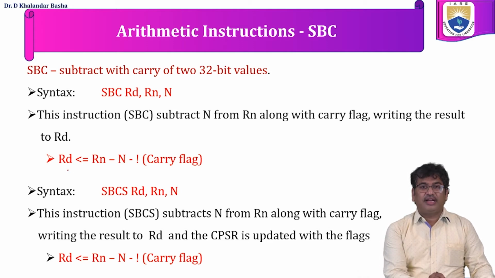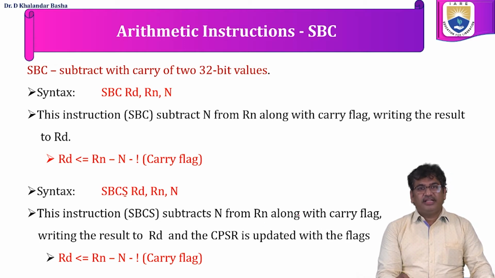The functionality we can write as Rd is assigned with Rn minus N minus carry flag. If S is added for the SBC instruction, it will update the CPSR with the reflected flags.